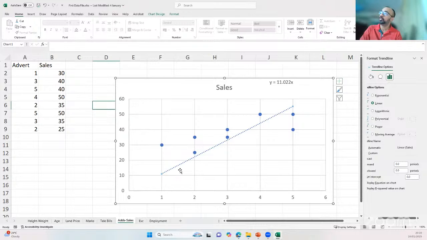If you know for sure when x is 0, y should be 0, you can set it like that. But for our data, we cannot say so, right? Even though we don't have any advertisement expenditure, we could still have sales. So therefore we can't put a tick there.